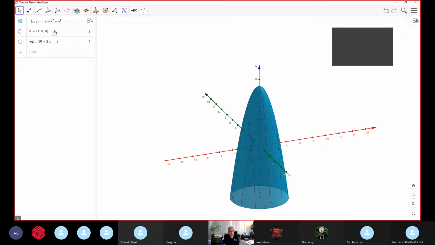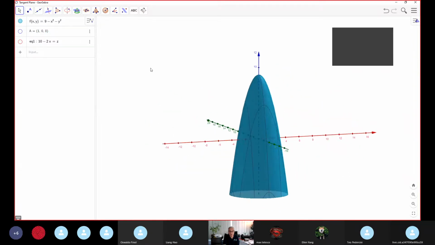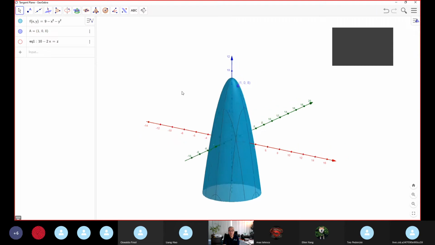It's a paraboloid opening downward because the x squared and y squared terms are negative, and the intercept is 9. So at this point it's the point (0,0,9). But this is not the point. The point is (1,0,8). Look at the point. This is our point.